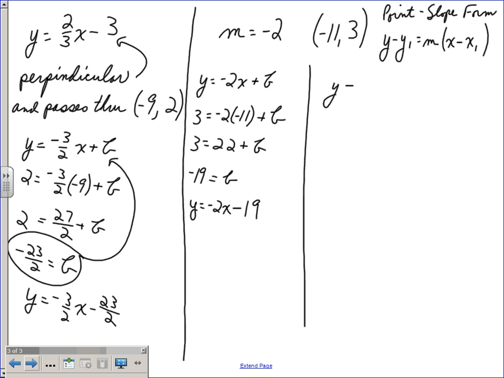Y minus y1, which we'll say is 3, equals slope times x minus x1. y minus 3 equals negative 2x. This is a positive 11. Negative 2 times a plus 11 gives you a negative 22. And we add 3 to each side.